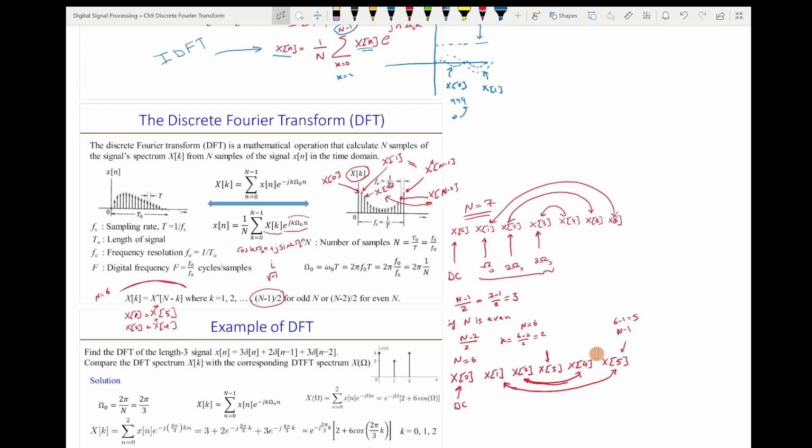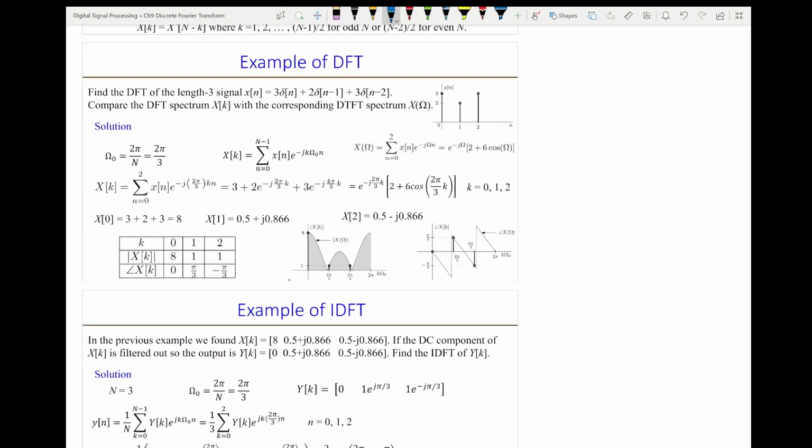So let's take an example to show numerical calculation. In this example, find the discrete Fourier transform of length 3. And this is the signal, and this is the plot of this signal. So the signal x of n equals 3, 2, 3, so n is 3 elements.